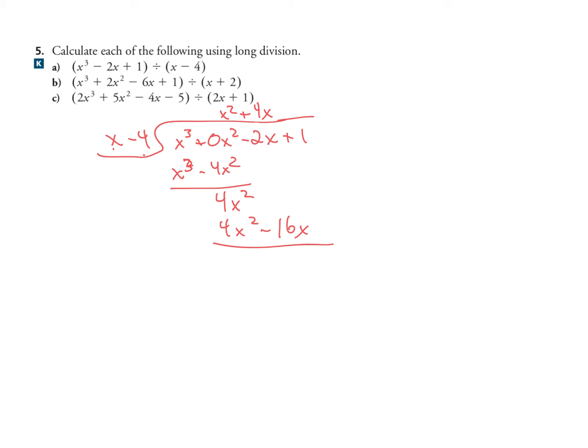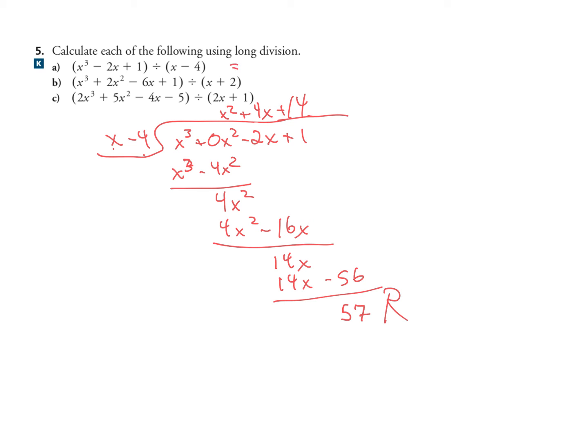Negative 2x plus 16x, or minus negative 16x. So you got 14x, and that's just going to be plus 14. 14x minus 56. And 1 minus negative 56 is positive 57. That's our remainder.